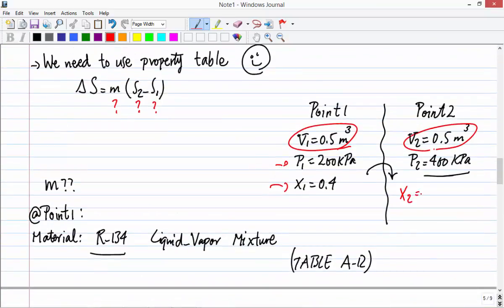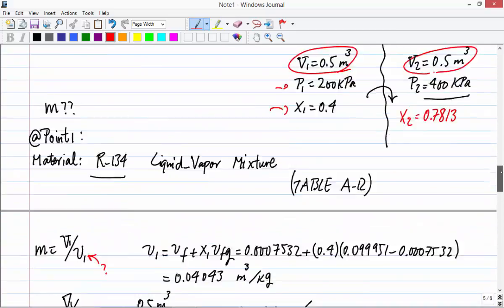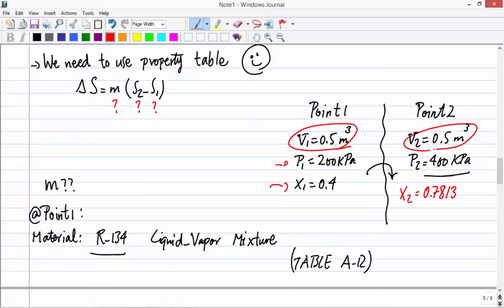X2, sorry, I forgot to update it, that X2 is 0.7813, dimensionless. Now I have pressure and the quality, so I can solve for internal energy, and likewise at point 1.